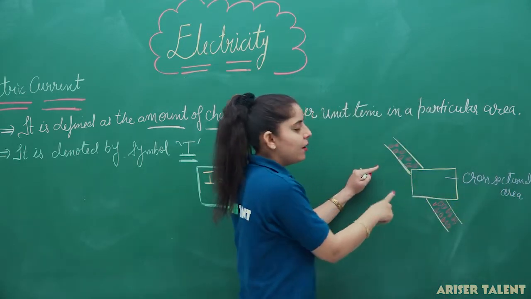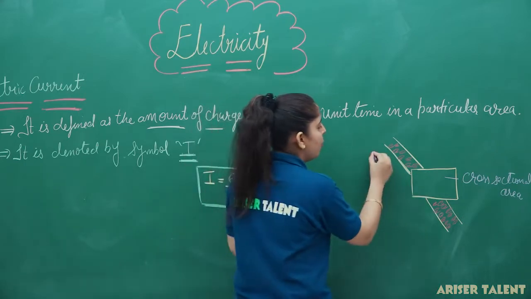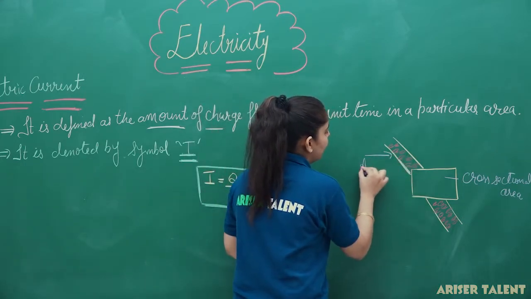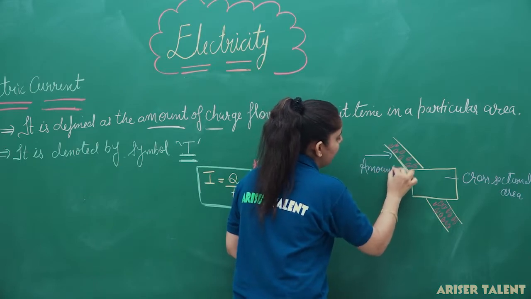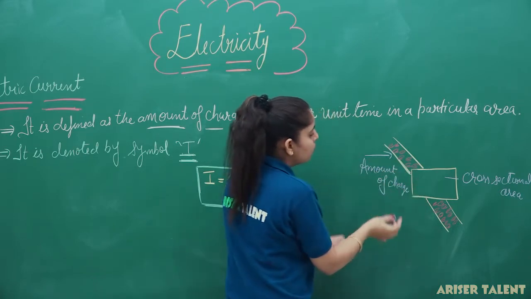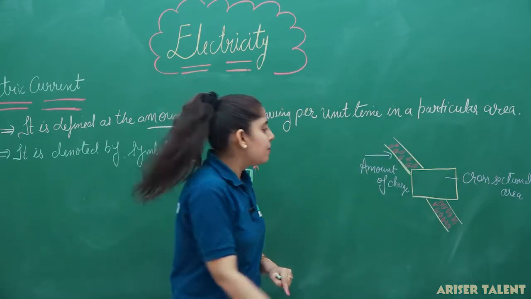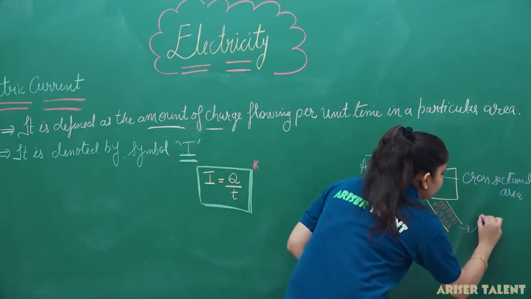The pink-colored dots that have been drawn are the electrons actually. So this is the amount of charge I have. Now this amount of charge is flowing in a particular time, so I am assuming that the time is t.